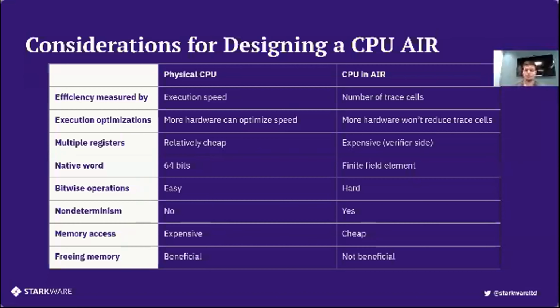A nice thing we have in AIRs is non-determinism, basically because it's a language for the verifier, which means that when I write a program, I care that it holds some constraints and not necessarily that it's deterministic. For example, when I want to find some element in a big list, in a physical CPU, I would have to go over every place in this list or array, one by one, until I find my element or don't find it.